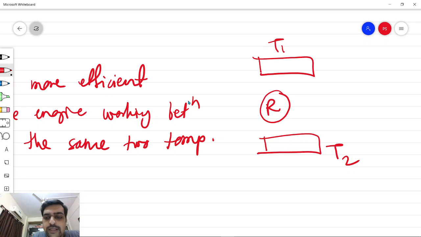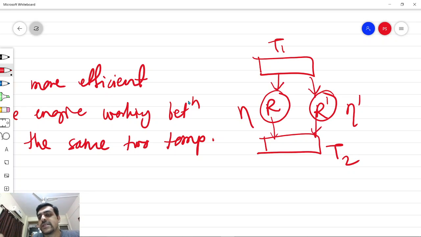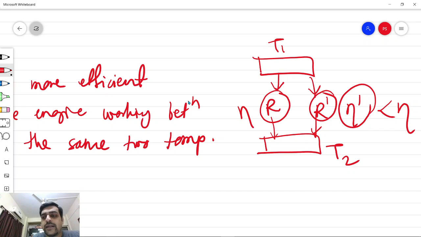and it has got some efficiency eta, and now we imagine another engine, say R dash, some new engine with efficiency eta dash, working between the same two temperatures T1 and T2 as that of the previous engine, then this theorem states that eta dash has to be less than eta.